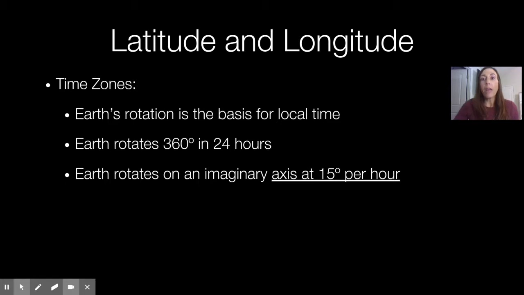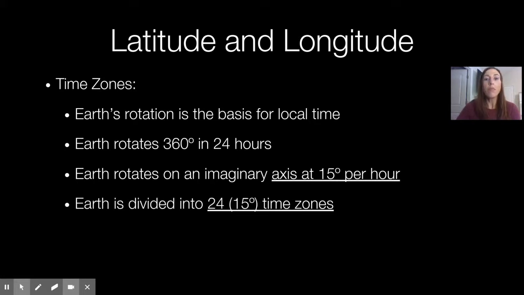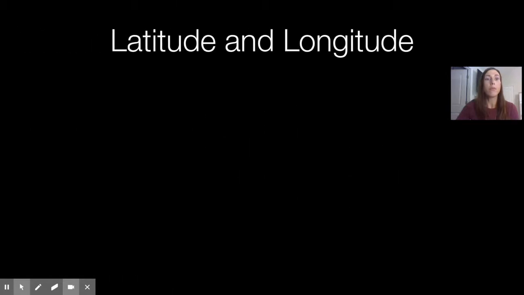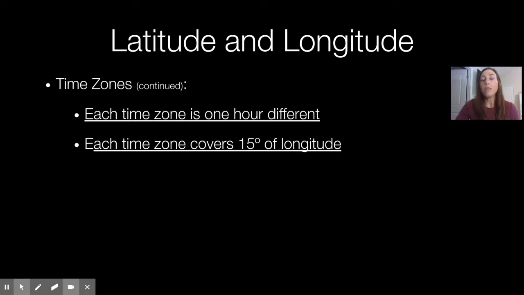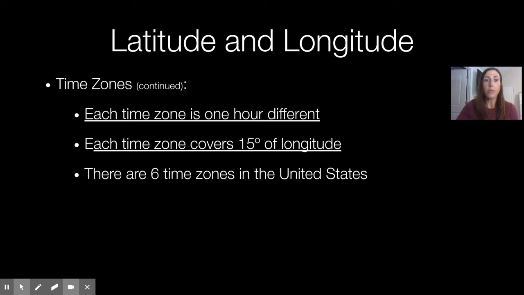And at that rate of 360 degrees in 24 hours, that's about 15 degrees per hour. Therefore, Earth is divided into 24 15-degree time zones, and that's how we got our time zones. Remember, each time zone is 1 hour different, and each time zone covers 15 degrees of longitude.